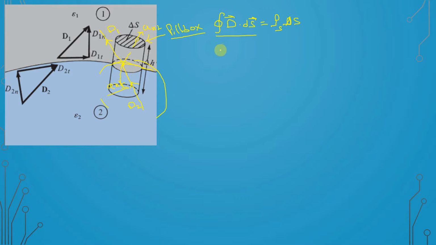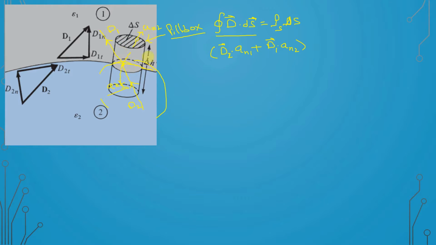So you can write here, sorry, D2 dot product with this a_n1, plus in this medium we have this D1 and its dot product with a_n2.